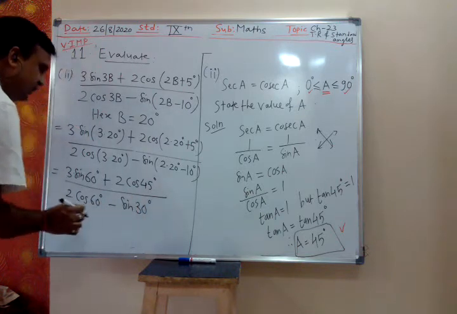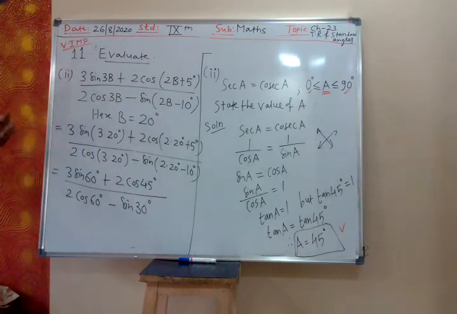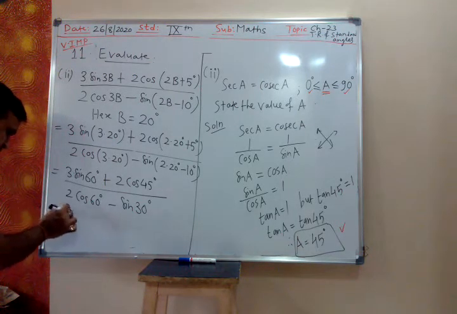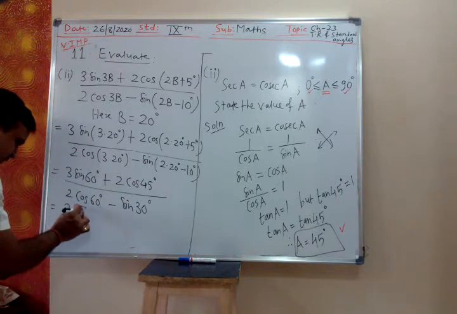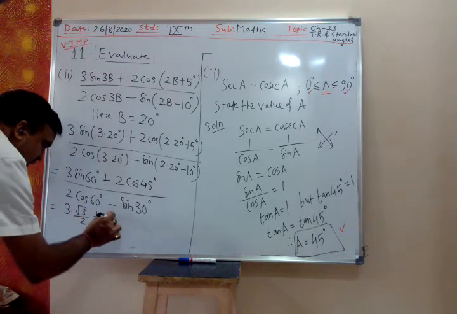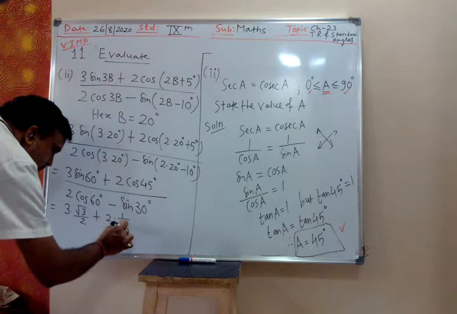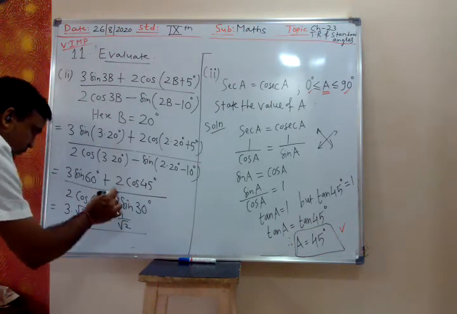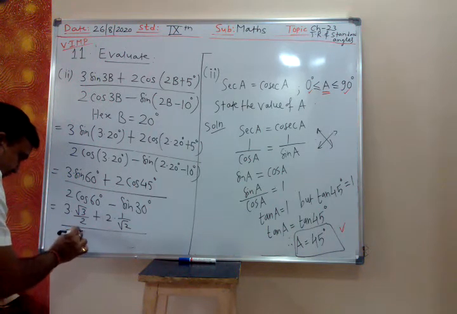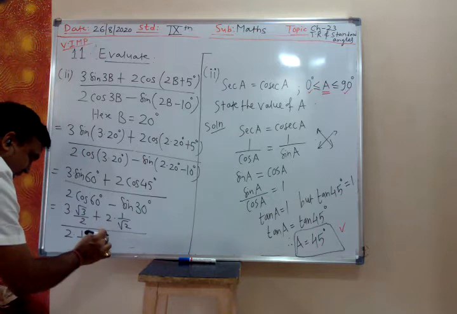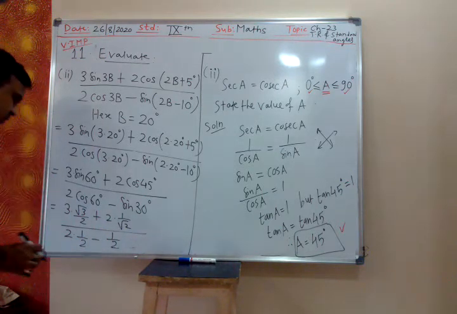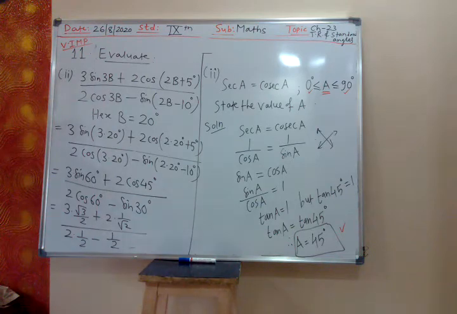Now using the table we write down the value of sin 60, cos 45 and all that. Sin 60 is root 3 by 2, plus 2, cos 45 is 1 upon root 2, divided by 2 cos 60 degree. Cos 60 degree is 1 by 2 minus sin 30 degree, sin 30 is 1 by 2.